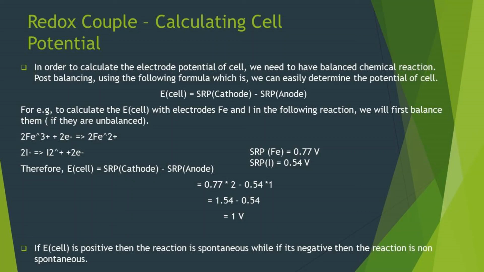Therefore, cell potential is equal to SRP of cathode minus SRP of anode, which is 0.77 into 2 minus 0.54 into 1. Hence, after subtraction, the cell potential we get is 1 volt. If the cell potential is positive, then the reaction is spontaneous, while if it's negative, then the reaction is non-spontaneous.